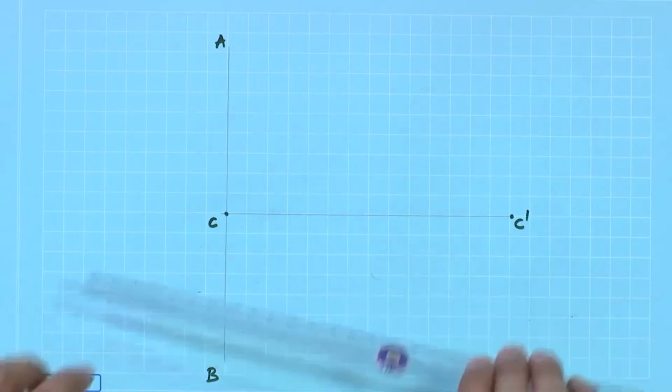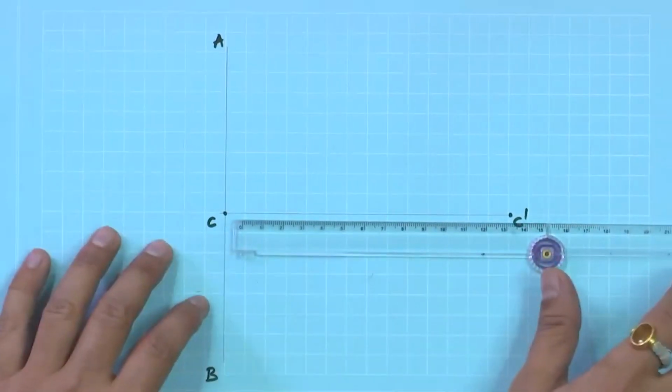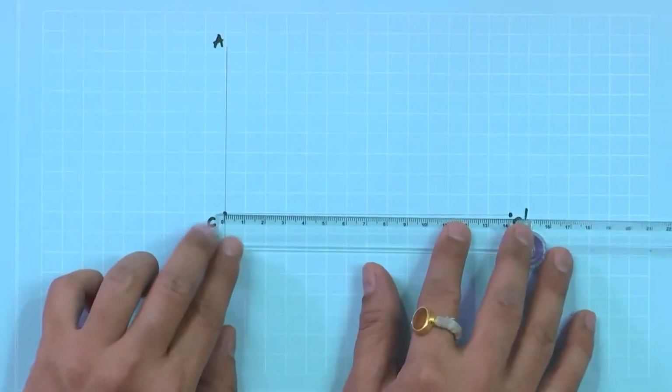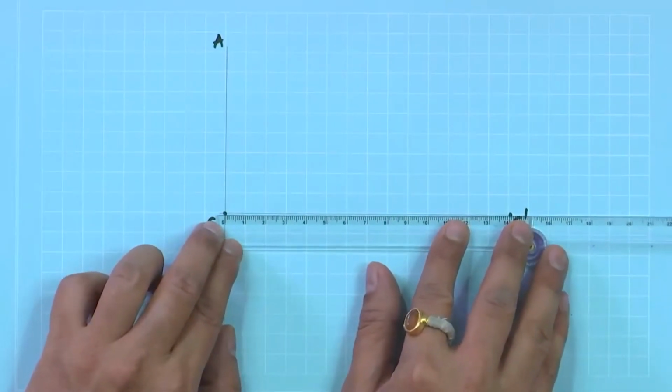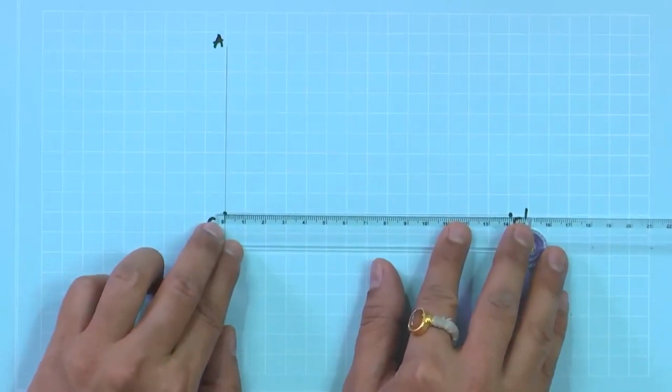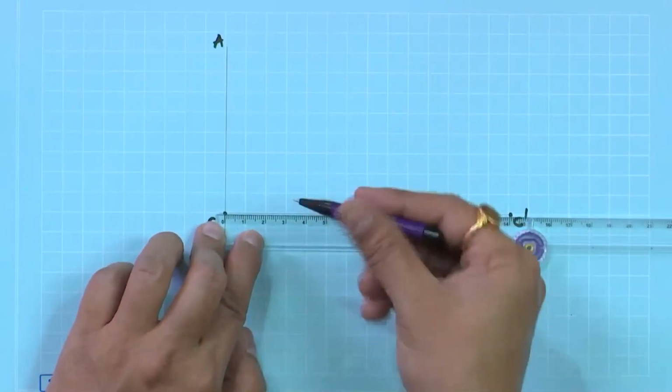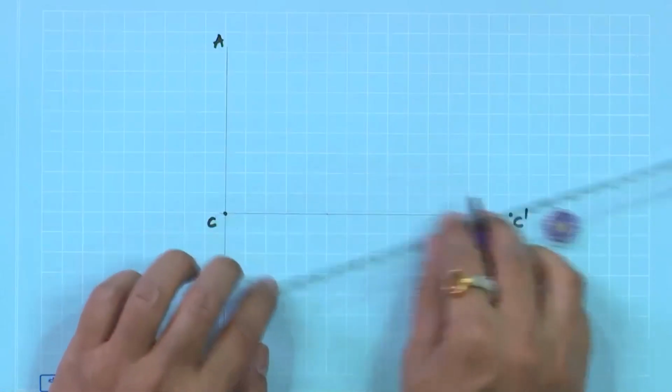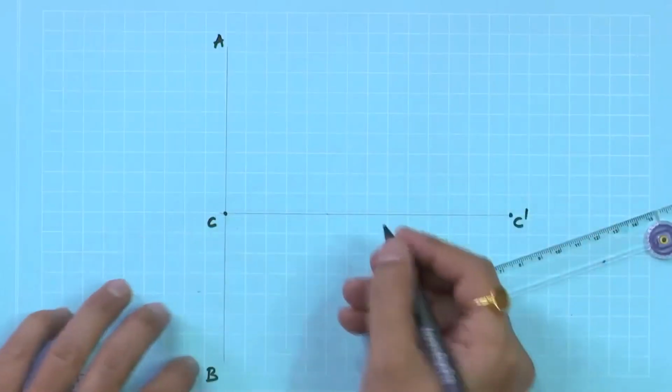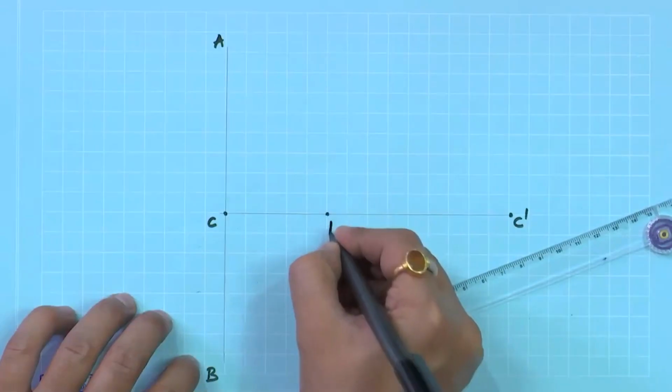Now, mark F on CC prime such that CF is equal to 50 mm. So, on the sheet locate 50 mm somewhere here. Mark this one as the focus point.